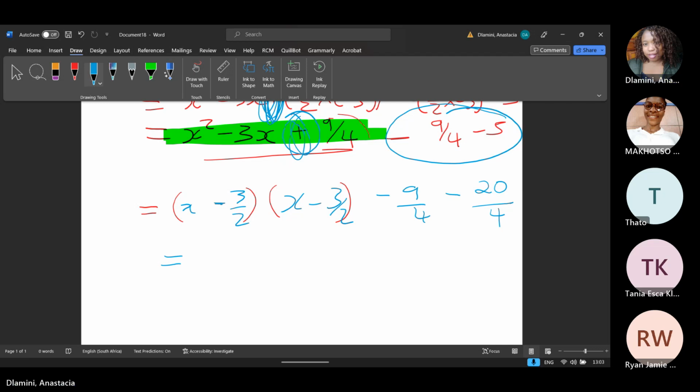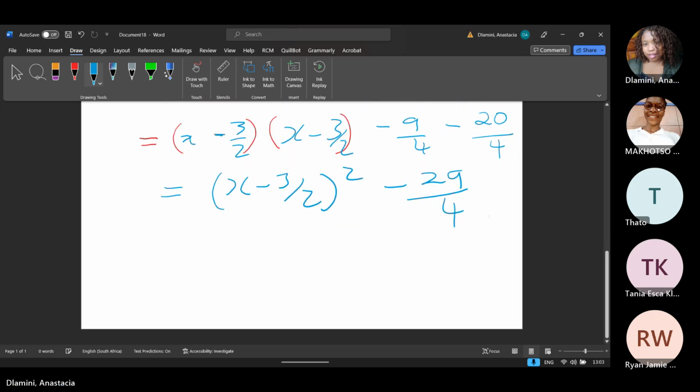Okay, so now, because they are the same, x times x is x squared, 3 times 3 is 3 squared. Yeah, x minus 3/2 squared. This will be minus 29 over 4.